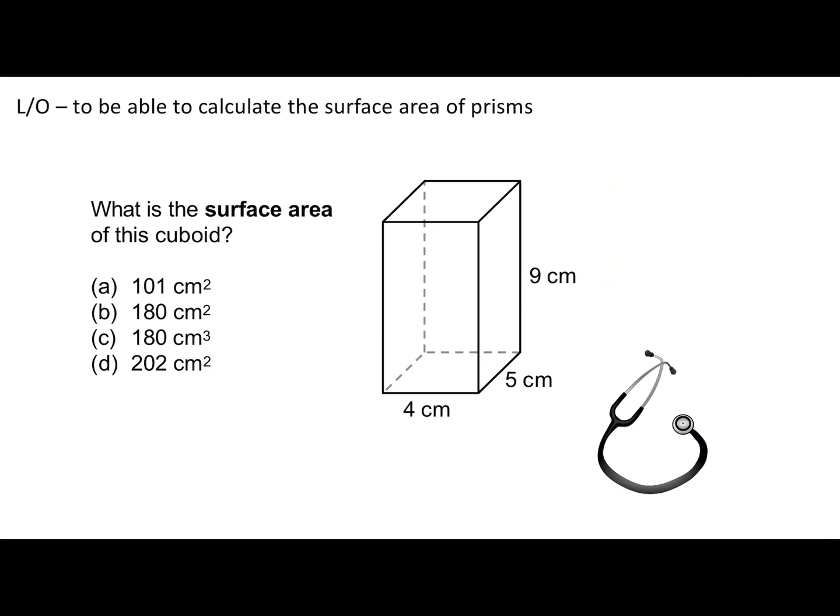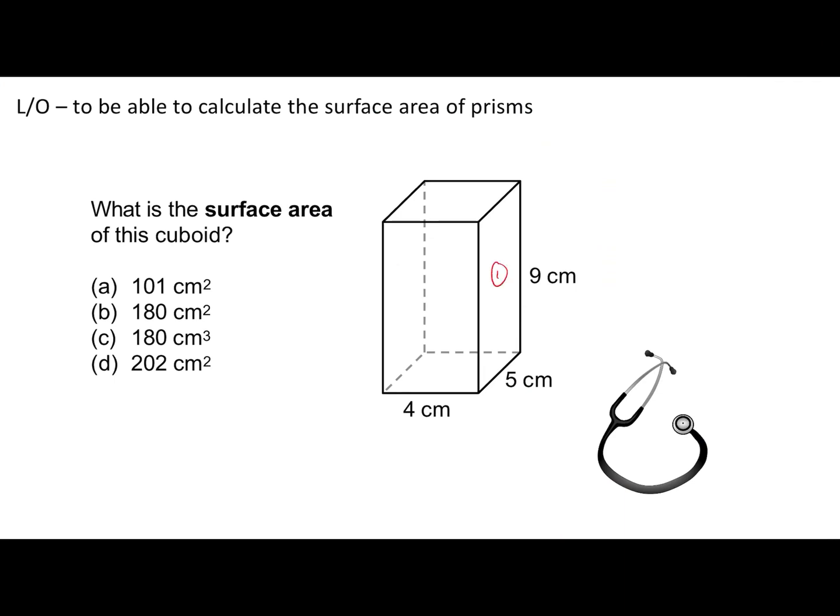Now, I just want to be absolutely sure that you can do it with a cuboid. We've already looked at cuboids in the last couple of weeks, but let's just check you can do this. Well, actually, I'll go through it. So what is the surface area of this cuboid? Well, it's got 6 faces.